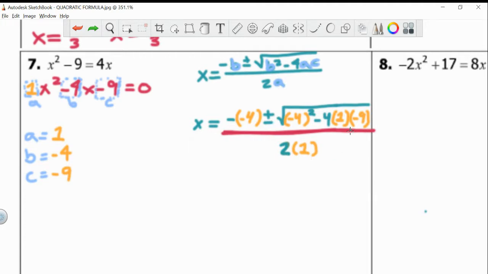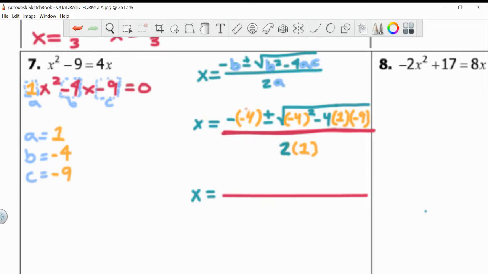So now it's time to make this look nicer. It's time to simplify this down and start, for example, 2 negatives makes a positive, right? -4 squared, we can do that. So let's start making these simplifications. Again, trying to be as organized as we can be, as neat as we can be, right? Our handwriting is really important here.